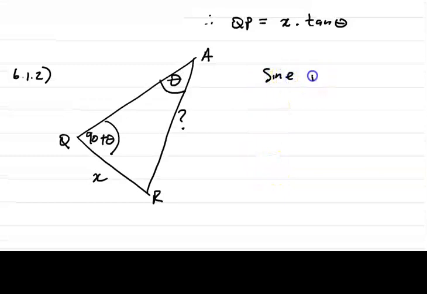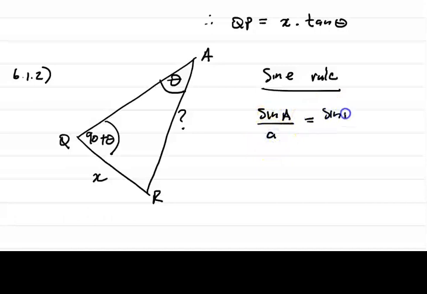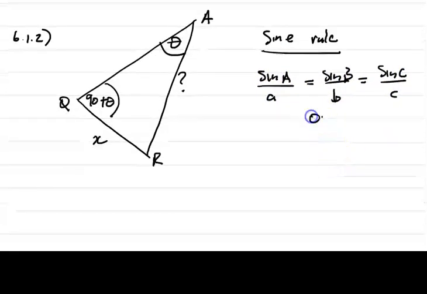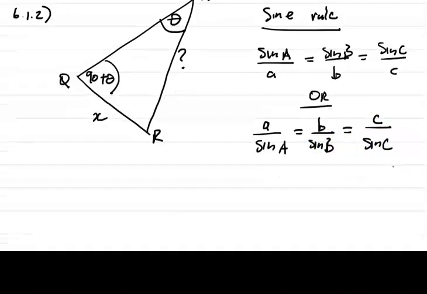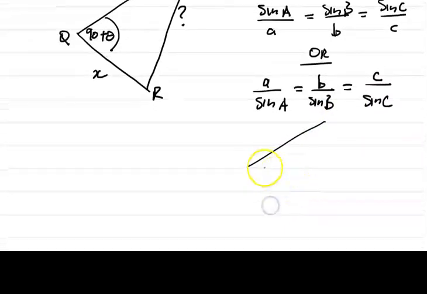So let's quickly revise the sine rule. The sine rule is as follows: sine A over a equals sine B over b equals sine C over c, or you can write a over sine A equals b over sine B equals c over sine C. Once again, the sine rule is for a non-right angle triangle.